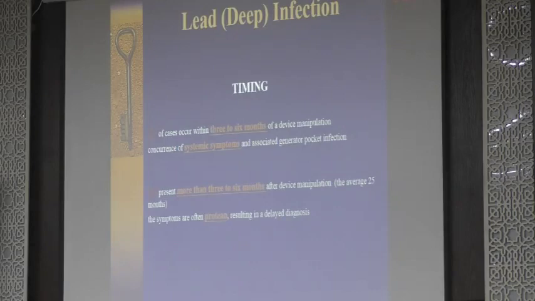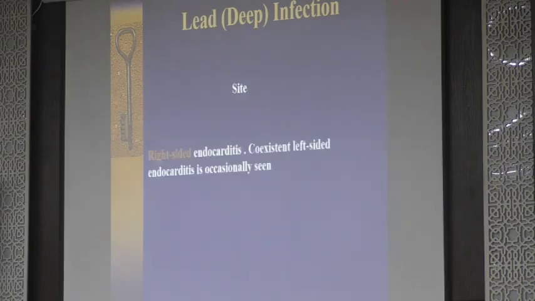Concerning lead infection, 1/3 of the cases occur in the first 6 months, associated as well with systemic symptoms, and usually associated with generator pocket infection. The other 2/3 can occur 3 to 6 months after implant, with an average duration of 25 months, and the symptoms are usually, as we said before, protean or indolent, resulting in delayed diagnosis.